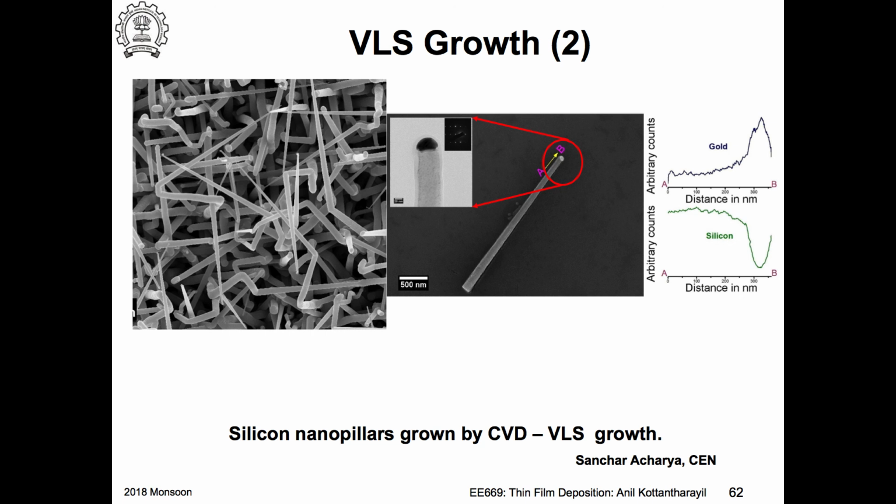So this is actually what is called an X-ray image here. It gives you gold concentration at the tip. The silicon is actually low.